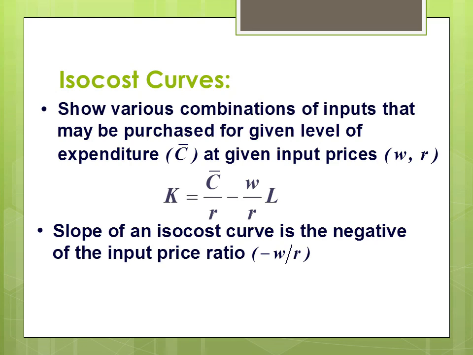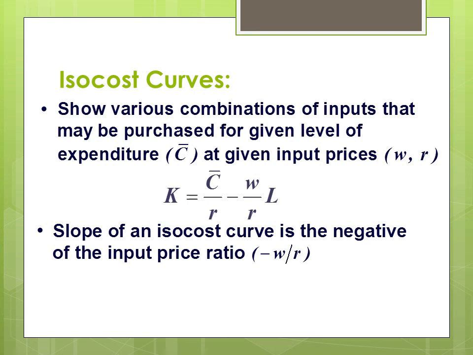Here K is equal to C bar over r. C over r is the intercept and minus w over r is the slope of the isocost line, which is negative.